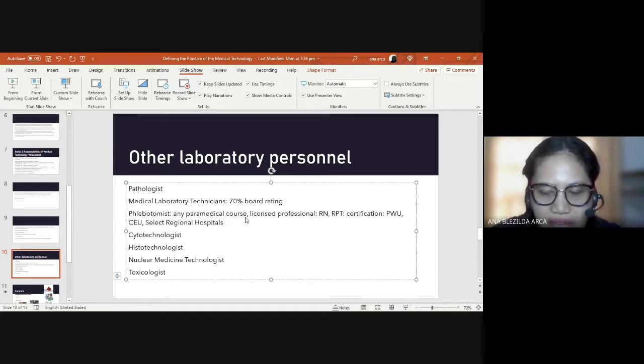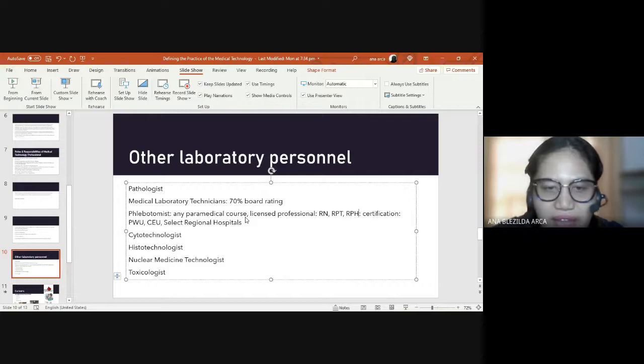Registered PT, yan ang mga example, di ba? Registered pharmacist, yan. So, kailangan daw, pasado ka muna sa board exam mo under the paramedical field. And then, magtitake ka ng training for phlebotomist. Yun ang qualifications. And then, after that training, meron ka ng certification. Then, after that, pwede ka na mag-work as a phlebotomist.